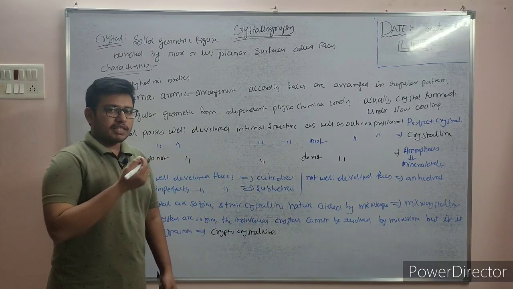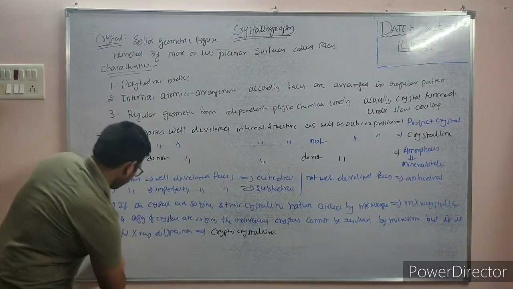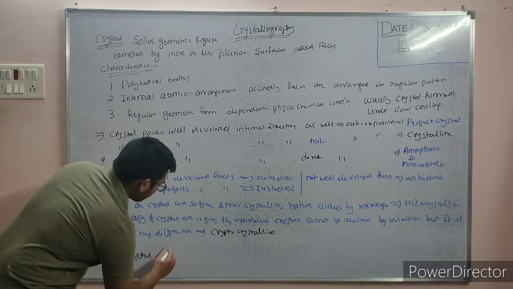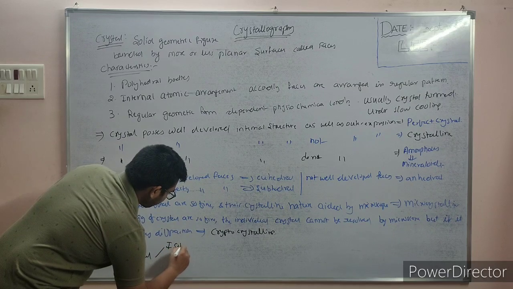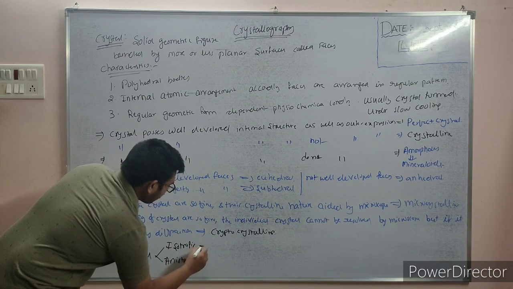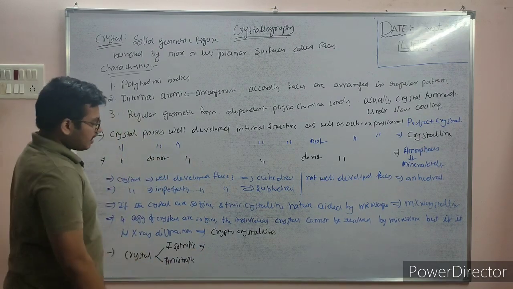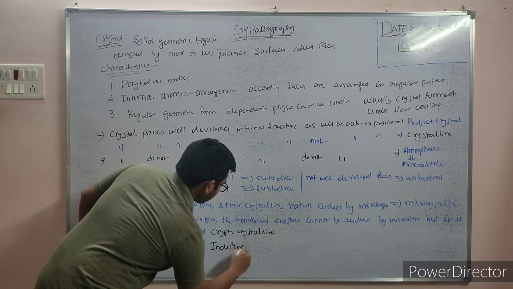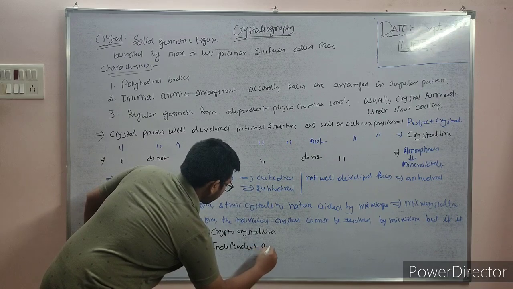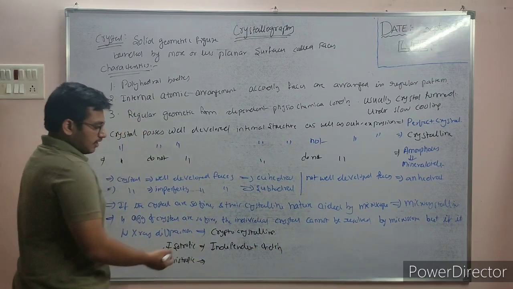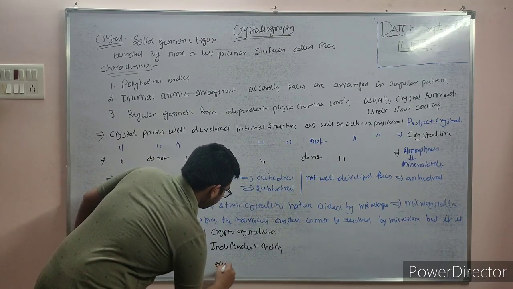And the crystal is basically of two types. One is isotropic, second one is anisotropic. What is isotropic? It is independent of direction. What is anisotropic? It is dependent on direction.